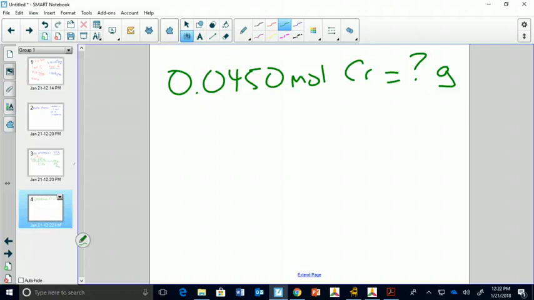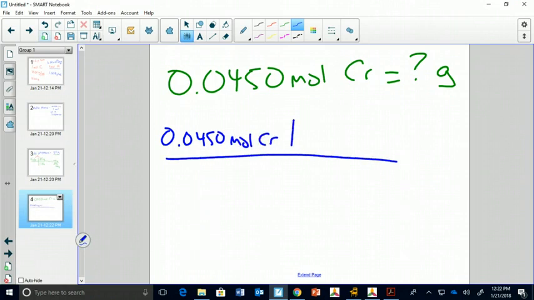Well, again, I'm going to take this number that I've been given, 0.0450 moles of chromium. I'm going to put it in my skeleton. Of course, my units are always going to go down here, so we're going to know that moles of chromium go here, and I want to get to grams of chromium. That's my units that I'd like to end up with.